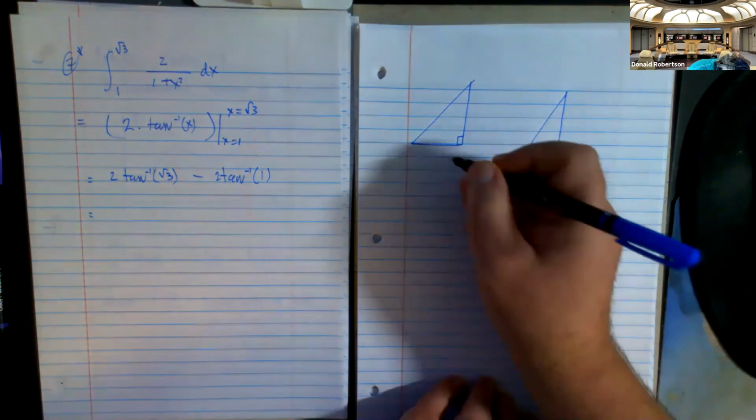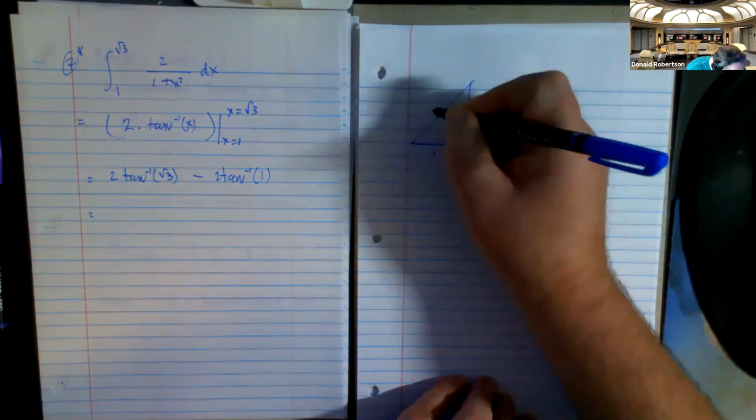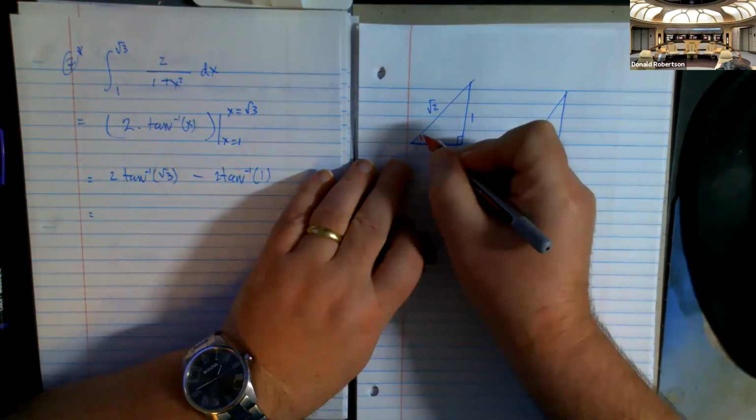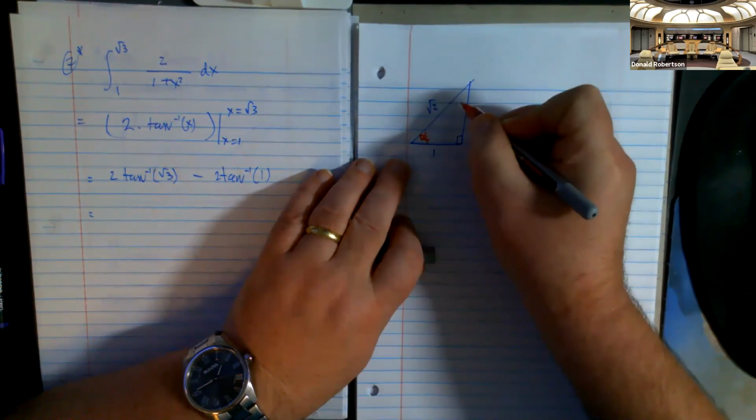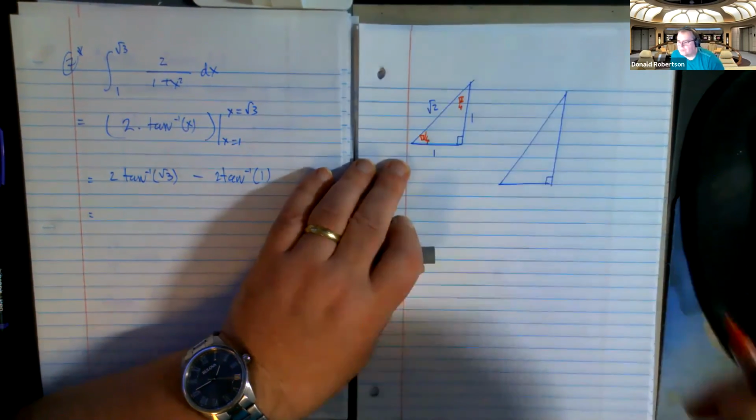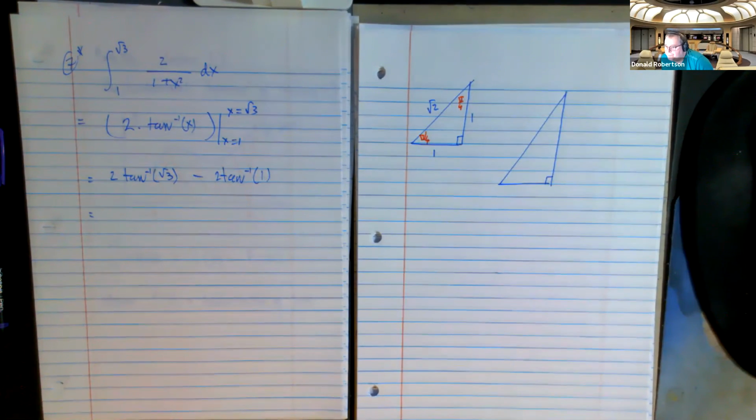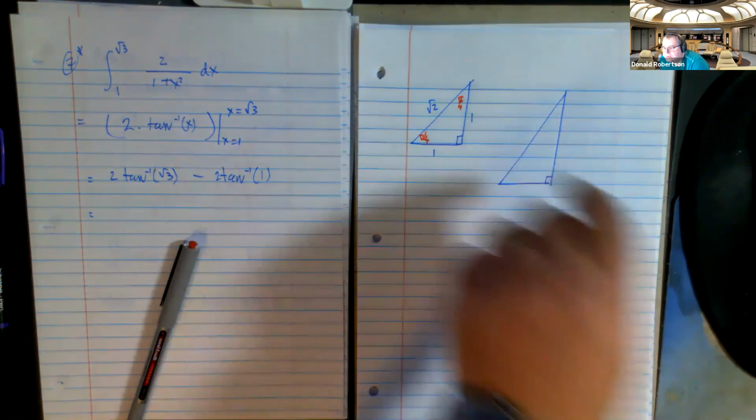And the triangles are 1, 1, root 2. That's the first triangle, and that's the triangle that you're going to use when the angles involve pi upon 4. Has anybody seen that triangle before?